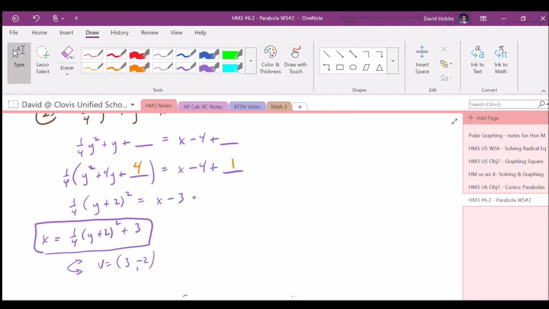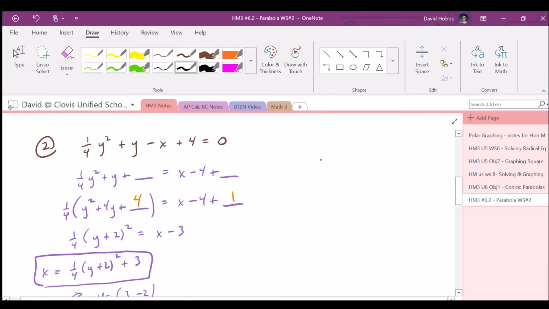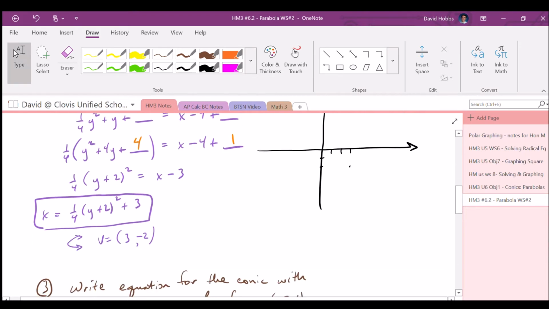And so sketching this, 3, -2, there's my vertex. And I'm opening to the right, so if I went 1 point to either side, I'd be going up 1 and down 1, and then going to the right, the a value, which is 1/4, which is not very much.